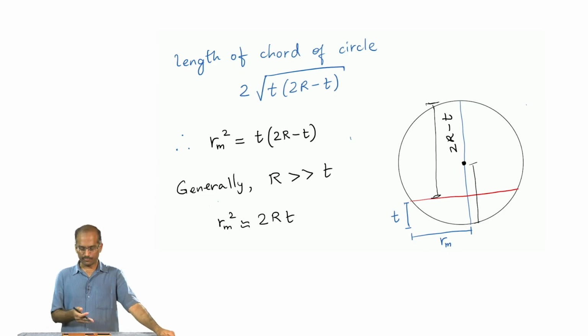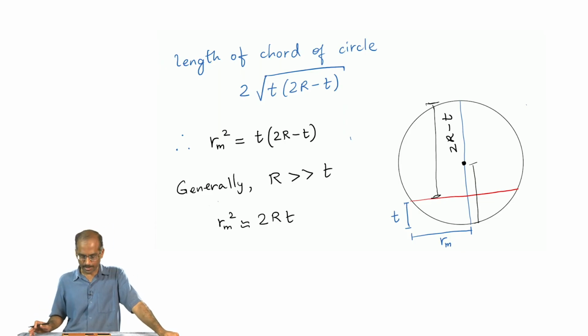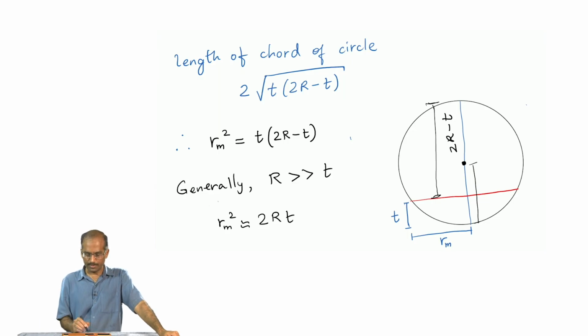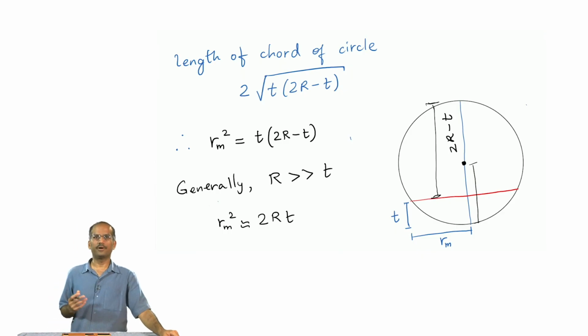The length of a chord of a circle in terms of parameters shown here is given by this formula, 2 times square root of T multiplied by 2R minus T, and therefore, this distance Rm, which is half the chord of the circle, would simply be equal to the square root of T times 2R minus T. Capital R is the radius of curvature.